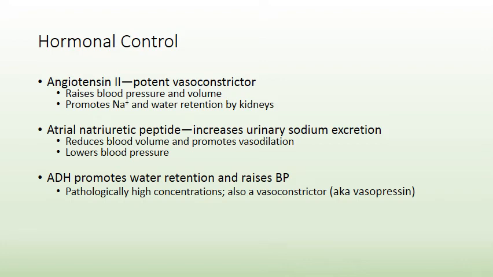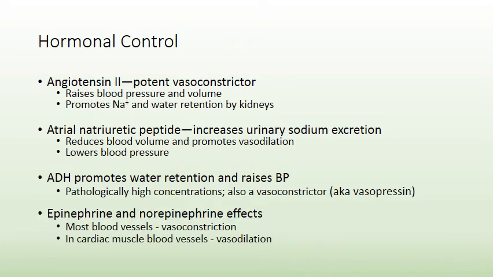When we retain water, we elevate blood volume, and elevated blood volume also elevates blood pressure. And then epinephrine and norepinephrine, which you know as neurotransmitters, can also sometimes act as hormones. They are, in some cases, vasoconstrictors, in other cases, vasodilators, so they can be involved in both elevation and decrease of blood pressure.